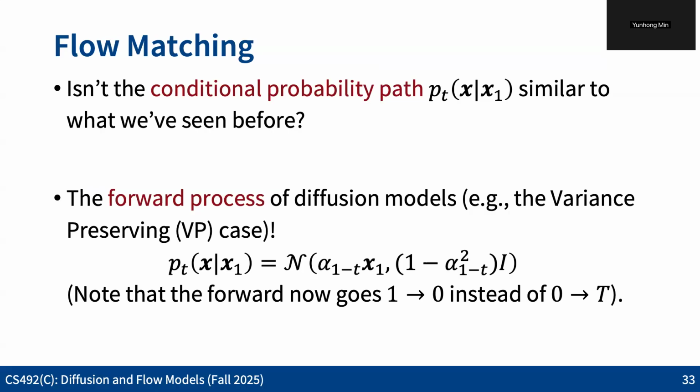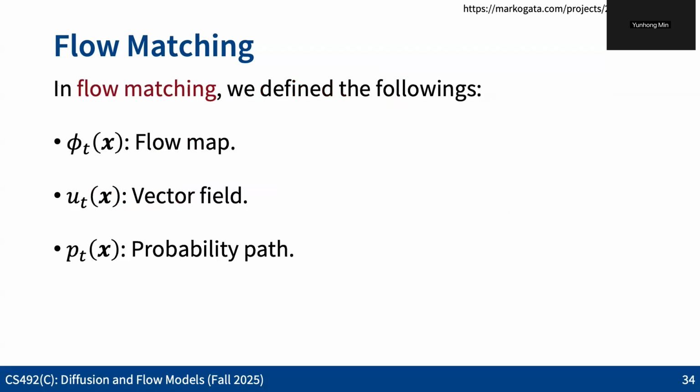This formulation may look quite different from the VP case, but the reason is that we changed the time range. But this is something we have also seen in the diffusion model case, the forward jump distribution, which was adding Gaussian noise to x1. So now we can see some connections between flow models and diffusion models.